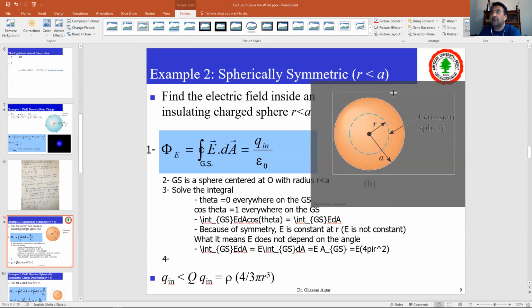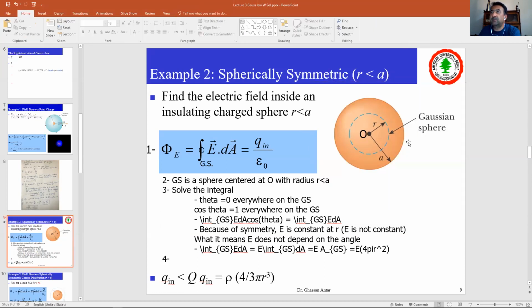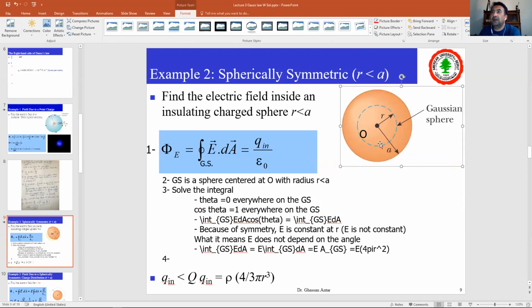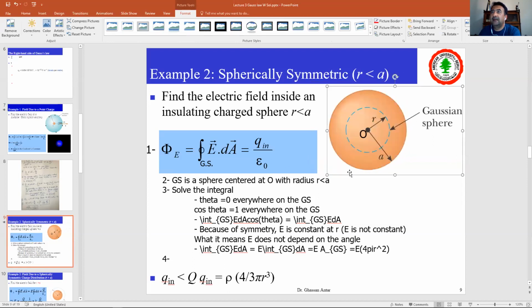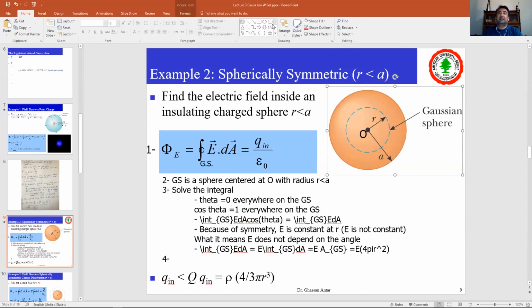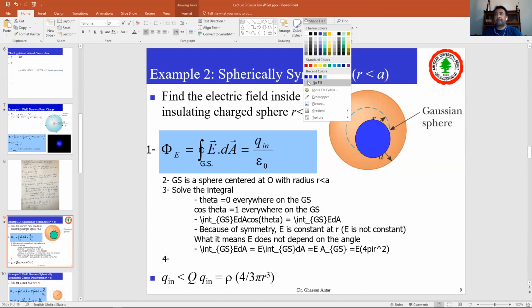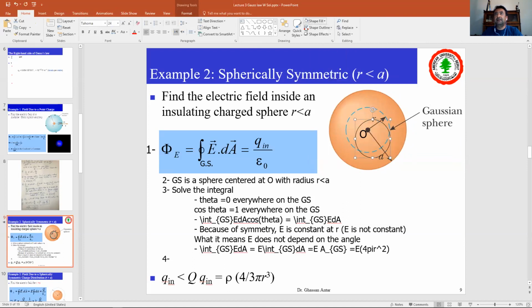If you have chosen, for example, a sphere not centered, let's assume I choose a sphere like this. Let's assume this is my Gaussian surface.